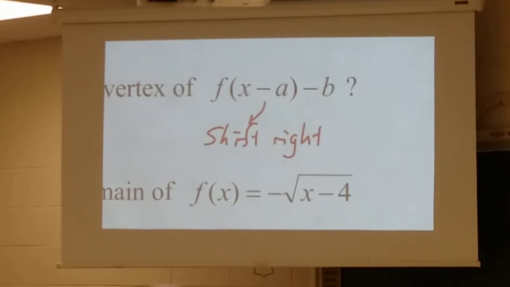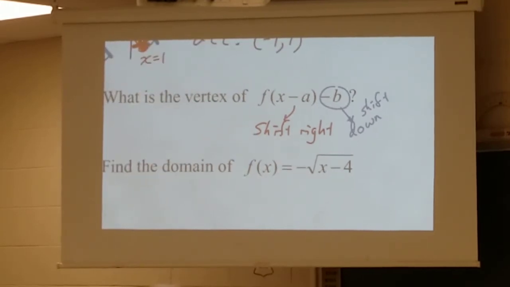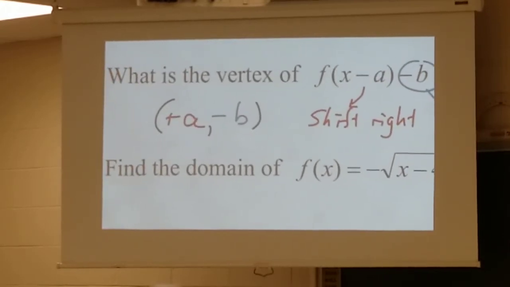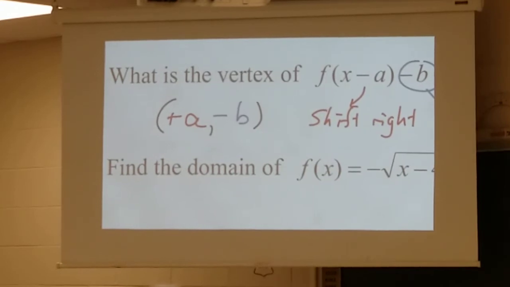When you have this minus sign on the outside, it's a shift up and down. Specifically with a minus sign, it's down. So if I shift it to the right and I shift it down, then my vertex is going to match in that same manner. So it would be like a plus A because I shifted to the right, and it would be a minus B because I shifted down. A little harder, but we're using A's and B's to describe shifting.